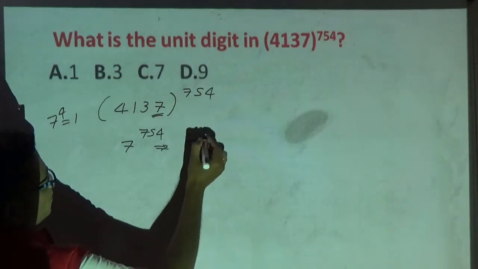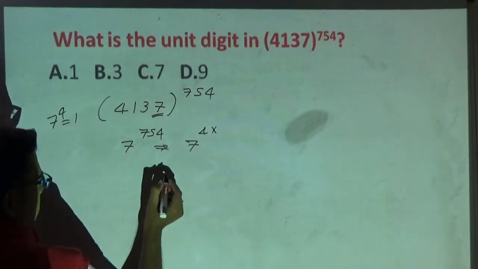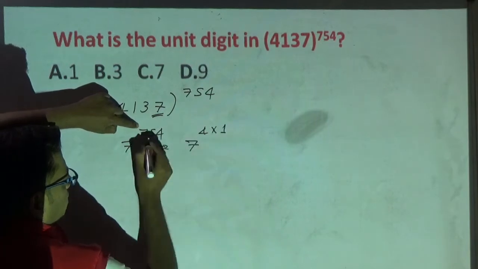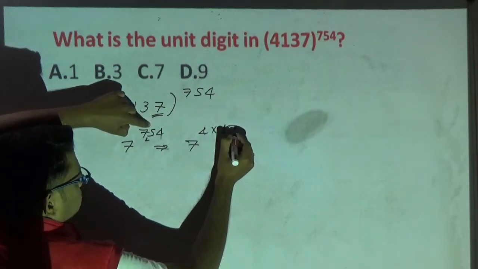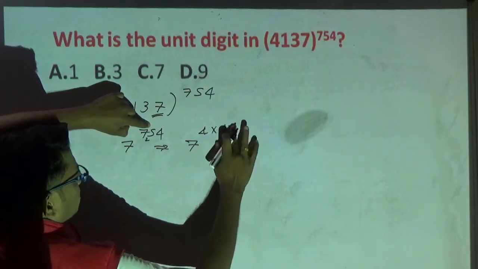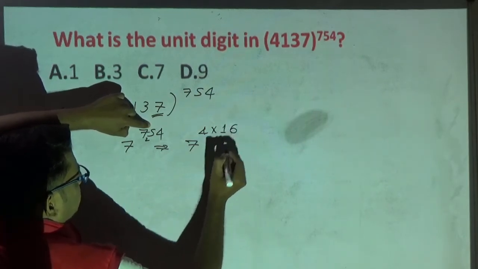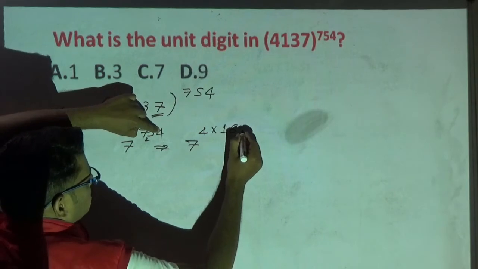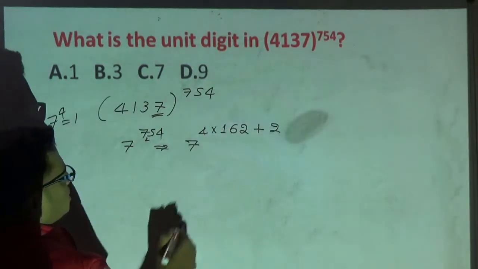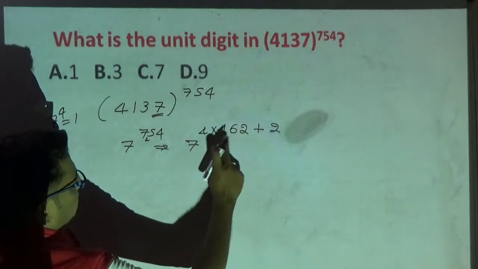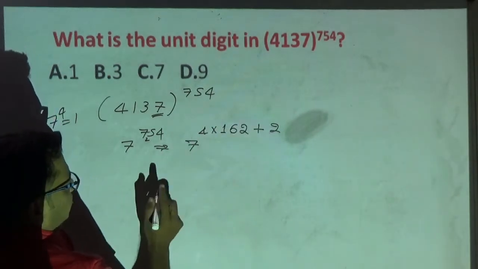So 7 power 4 into, now you see, 4 ones are 4, 2 left out, 4 sevens are 28, 4 sixes are 24, 1 left out, 4 twos are 12 plus 2. So 4 into 162 is 752, plus 2, that will be 754.